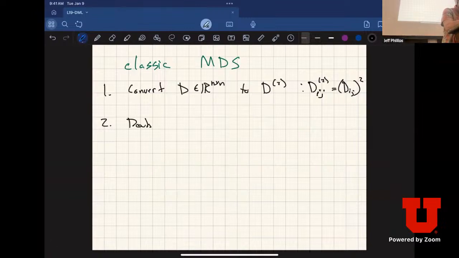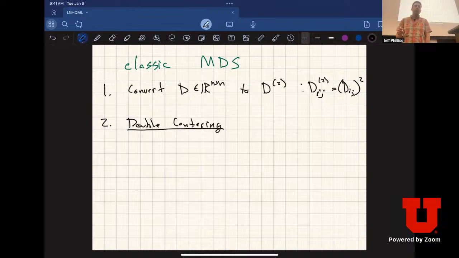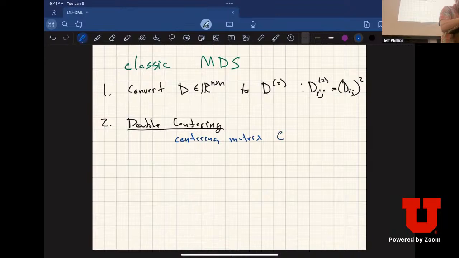The next step is called double centering. And this one is the most mysterious. I'll try to explain later what this is doing. There's a certain matrix called a centering matrix. We'll call this Cn, and it's In minus 1 over n times the all ones matrix, which I'm going to call 1 to the power n by n.